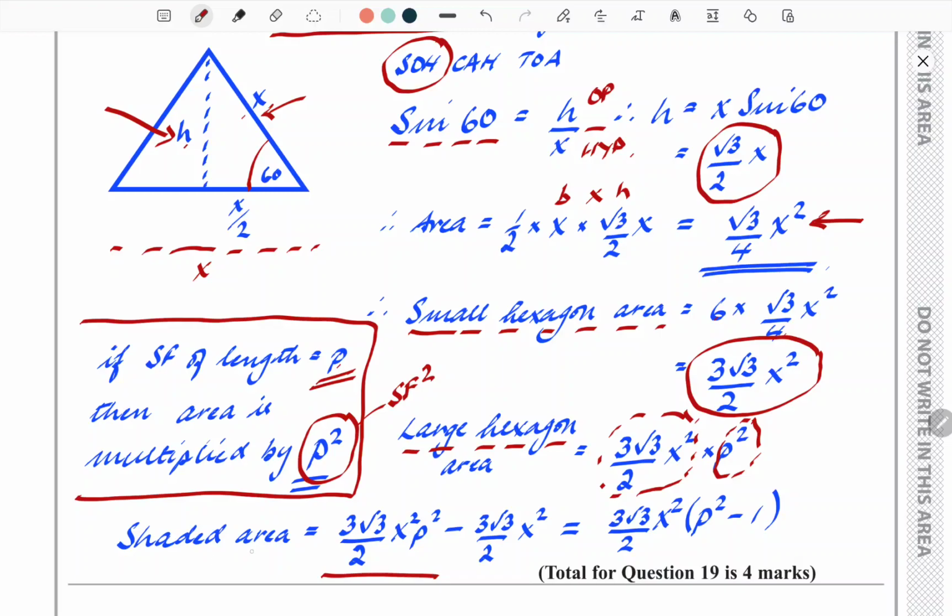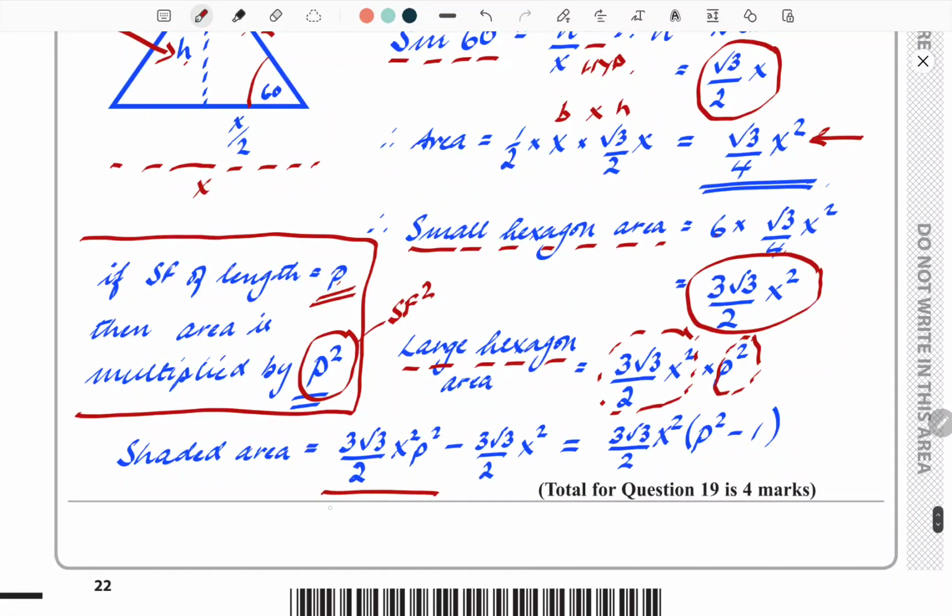So therefore, the shaded area is the area of the large hexagon minus the area of the small one, okay? I'm sorry I've squashed it in at the bottom of the page, but I wanted to just get everything clearly laid out there. So if you need to enlarge this, please take a moment to look at it. So the large one minus the small one, they've got exactly the same components except for that p squared.